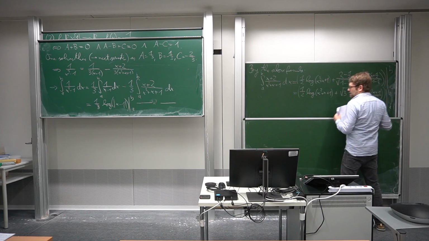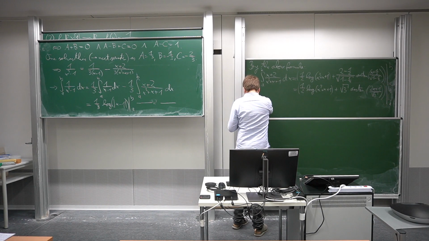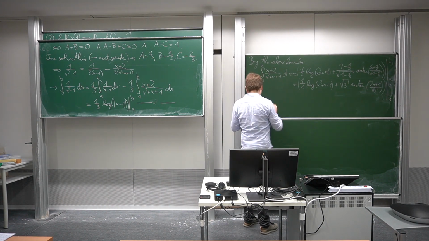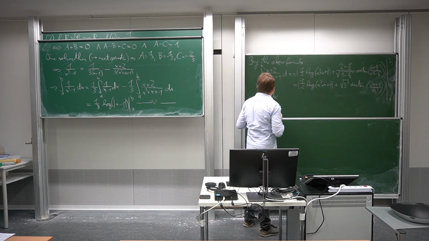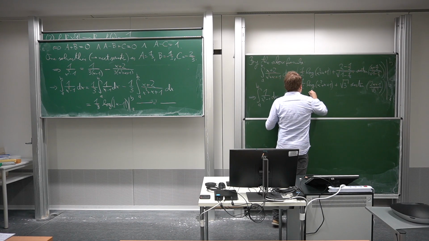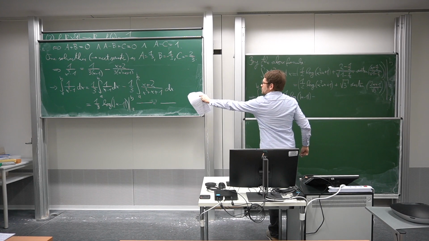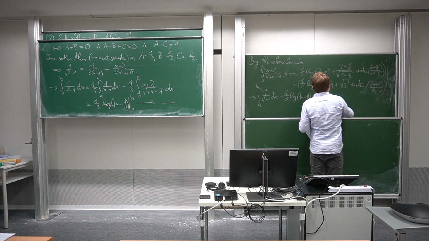From a to b. And now finally we have to include this in this formula. So finally what we get is the integral from a to b of 1 over x³ minus 1 dx, which is a harmless looking function, and its integral is 1/3 log of the absolute value of x minus 1, minus, and now we have 1/3 times 1/2, so 1/6 log(x² + x + 1).